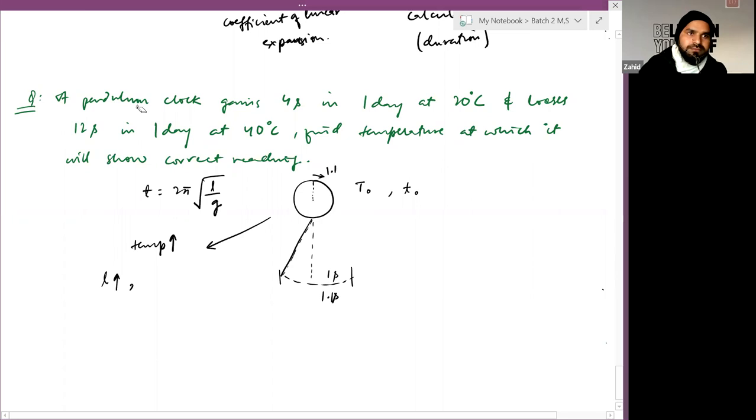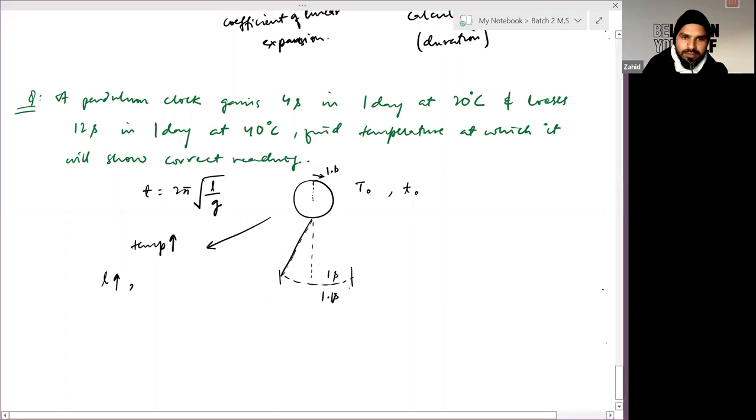Similarly, on going back from this point to this point, it will again take 1.1 second. So reading of clock for this time would also be just one tick. So in total, this clock will read just 2 seconds, but the actual duration of time in total would be 2.2 seconds. Is it clear?